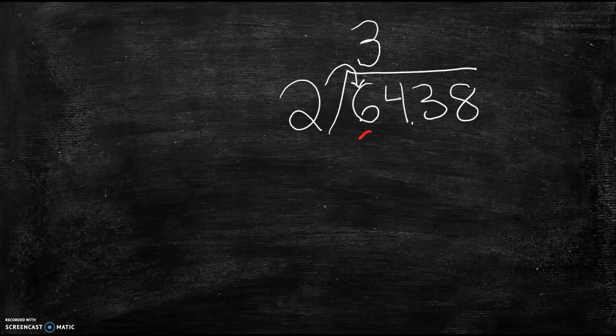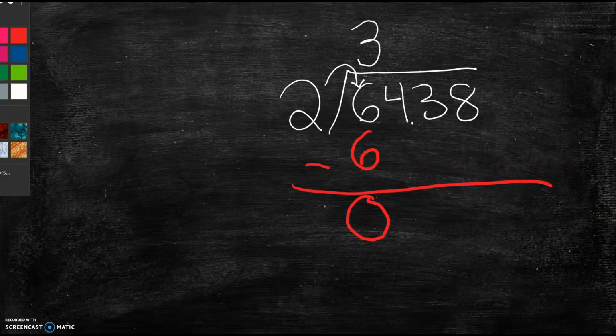So we're going to write our number 6 right here. Now, we're going to draw a line straight across because we finished this first column, right? We have all our numbers there. And we're going to do some subtraction. So 6 minus 6 is 0. Good job. All right. Now, that might be confusing, but we'll work through another problem.